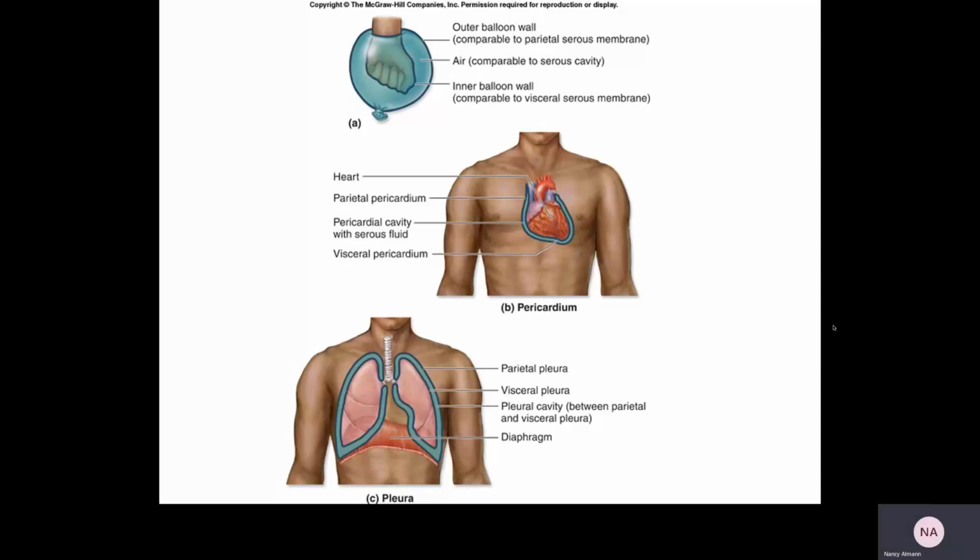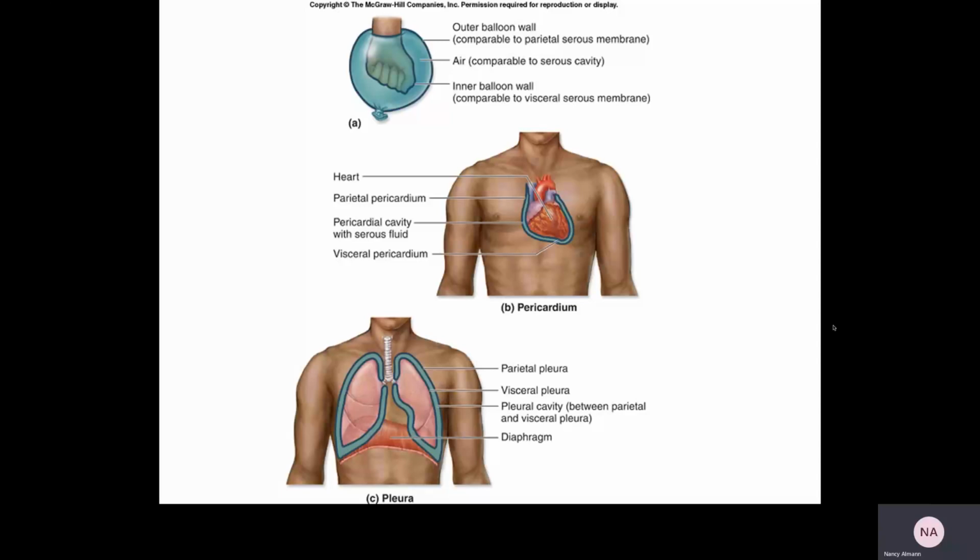I like this analogy, which you can see up top in the diagram marked A, because if you take a half-filled balloon and you punch your fist into it, the outermost layer, that most superficial layer, will be sort of analogous to the parietal serous membrane. The inner layer will be analogous to the visceral serous membrane, and that's going to really just follow the contours of the organ or the structure.